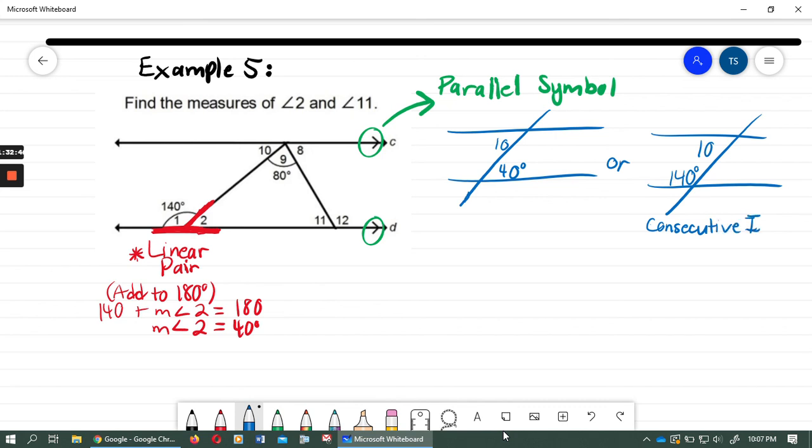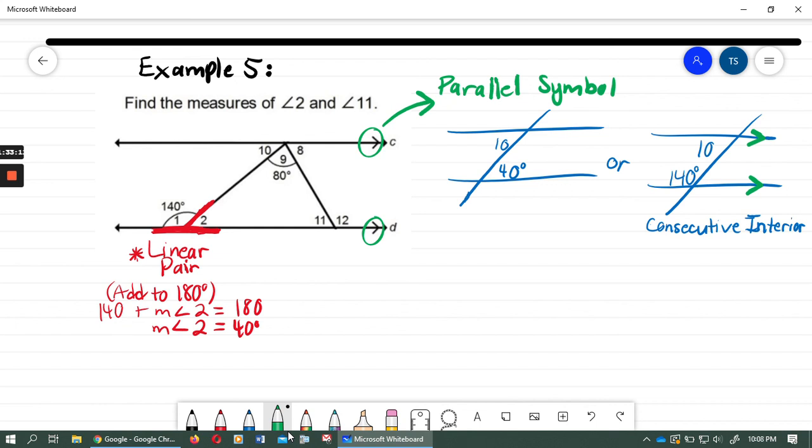So these two angles there are consecutive interior angles, which means that when we have two parallel lines like what we've got here, because again these two lines are parallel and they have the little parallel symbols there letting us know that these two lines were parallel.